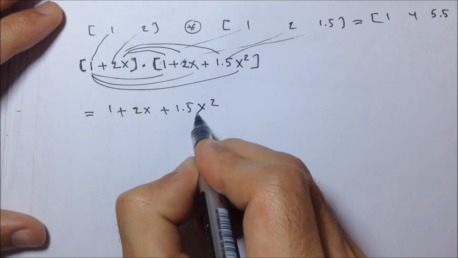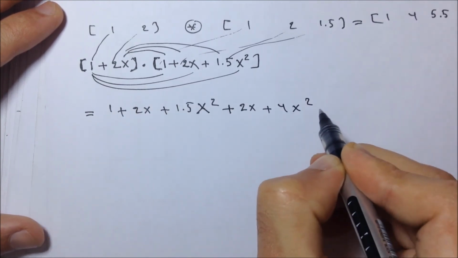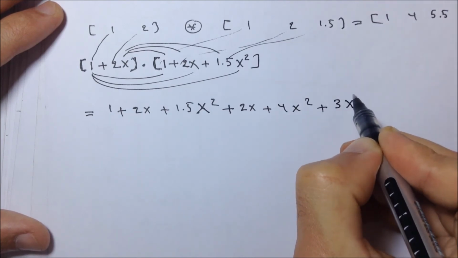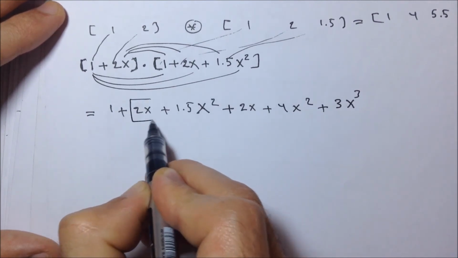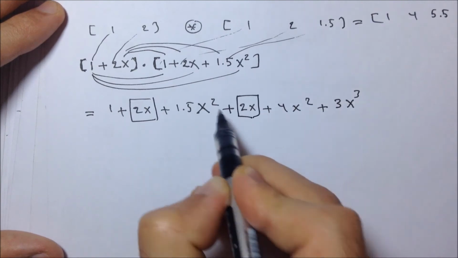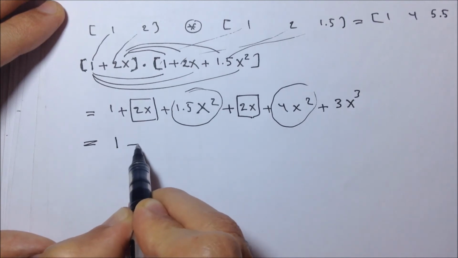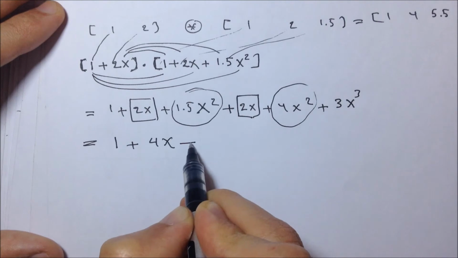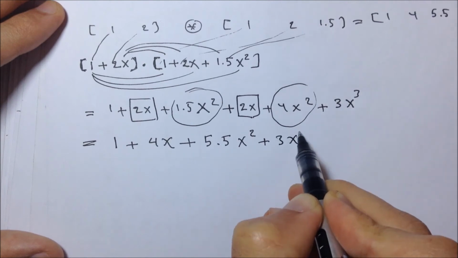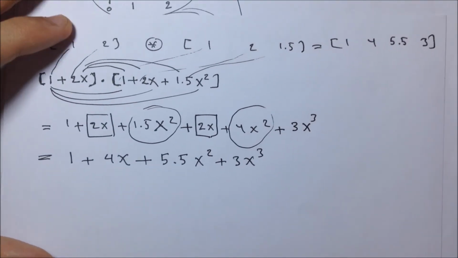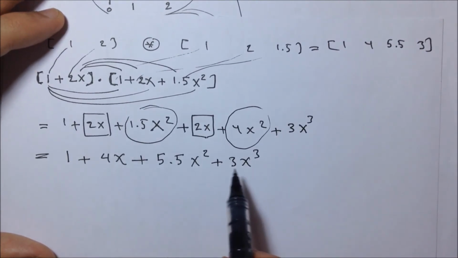That is going to be plus 2x plus 4x squared plus 3x to the power 3. And then we start adding the terms with the similar exponent, that is 2x with 2x, and then 1.5x squared with 4x squared, and the result is going to be 1 plus 4x plus 5.5x squared plus 3x to the power 3. And voila, this is the same as 1, 4, 5.5, 3.